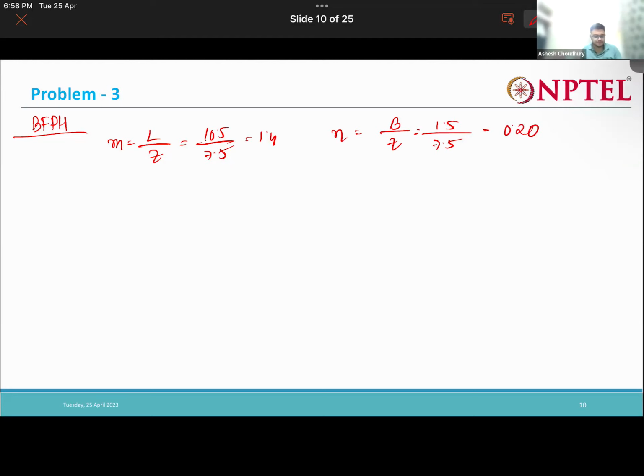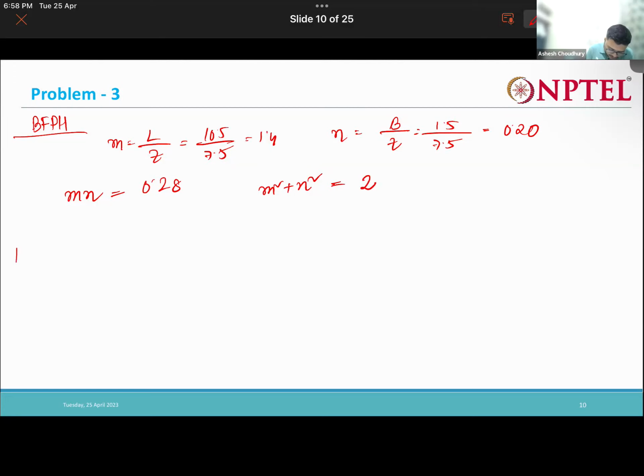Okay, so again, let's find out Mn and M square plus N square. So Mn is 1.4 into 0.2, it's 0.28, and M square plus N square is 1.4 square plus 0.2 square, 2.